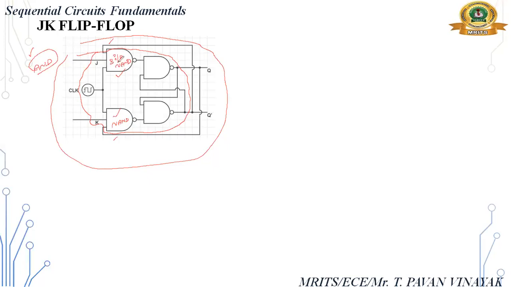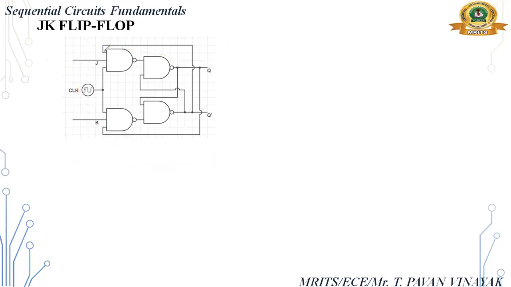For this NAND gate only, I am giving Q bar and Q. You can give the connection like this also. For this NAND gate only, I am giving again cross coupling inputs, Q bar and Q. This is Q, Q bar. And I am replacing S with J, R with K. You can use the previous circuit or this circuit also.